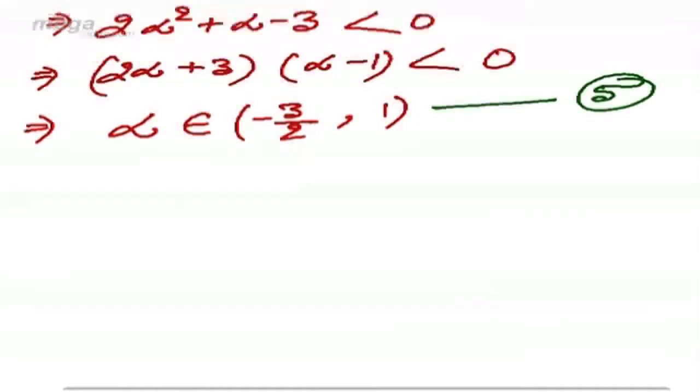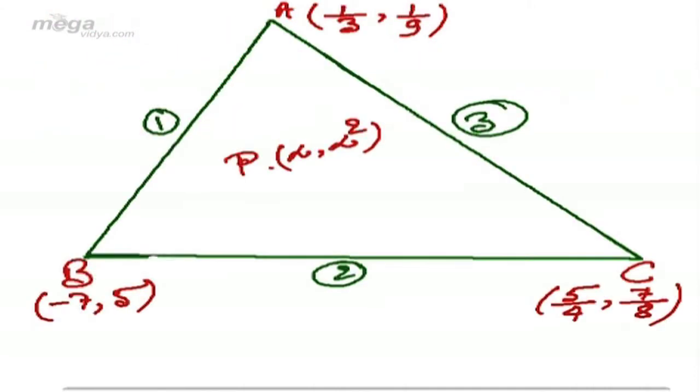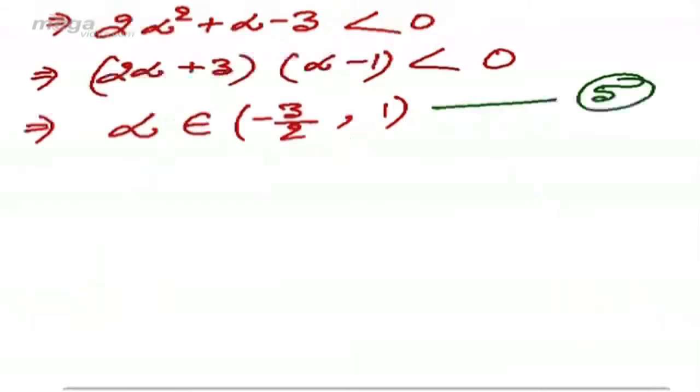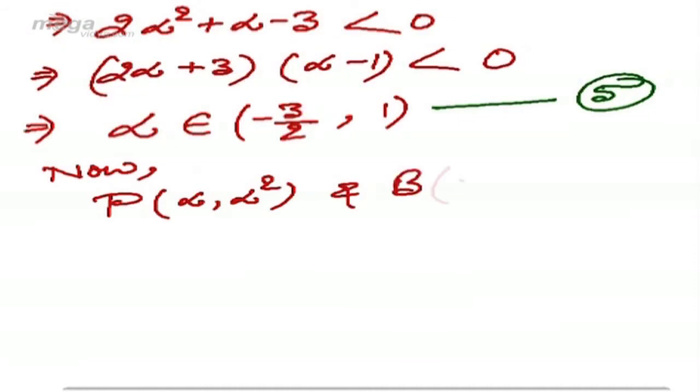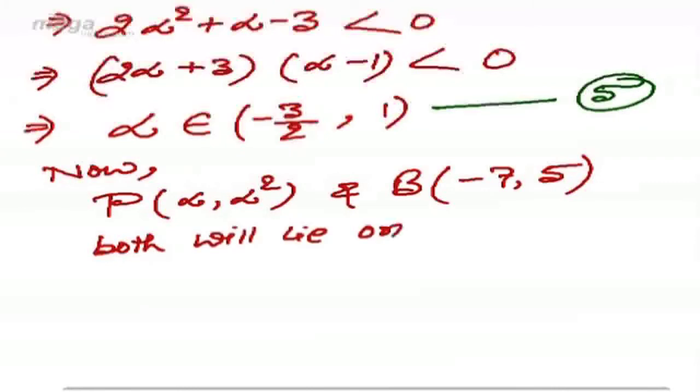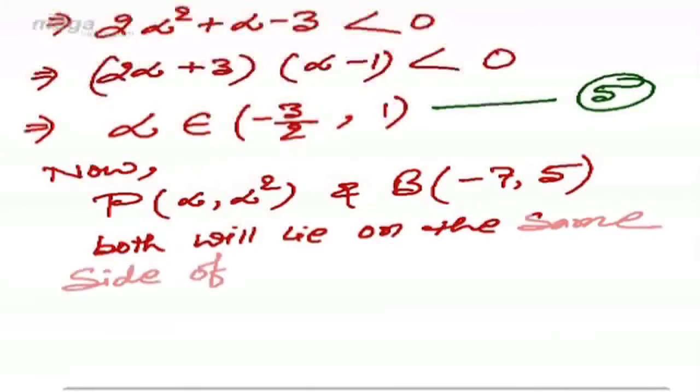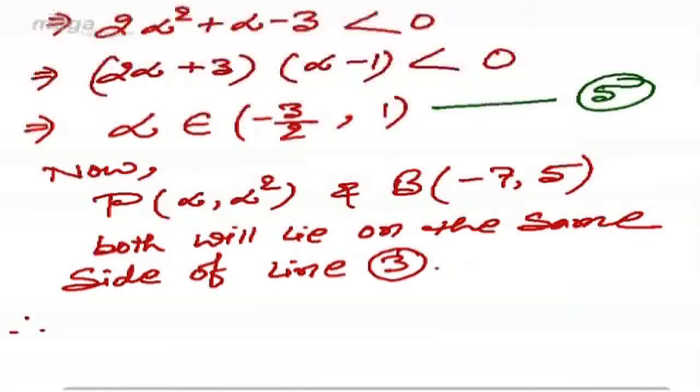Now we will consider the last, third line. For the third line, the point P and the point B will lie on the same side. Now point P (alpha, alpha square) and B (minus 7, 5) both will lie on the same side of line 3. So here also, when you substitute P and B in the straight line 3, both give the same sign.